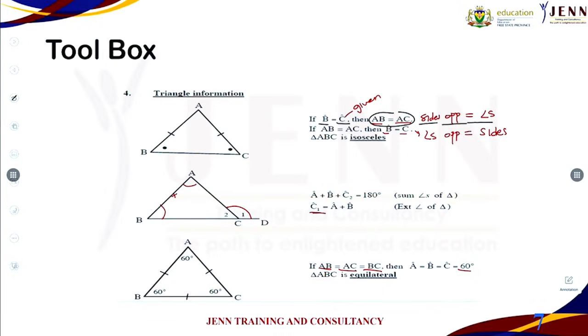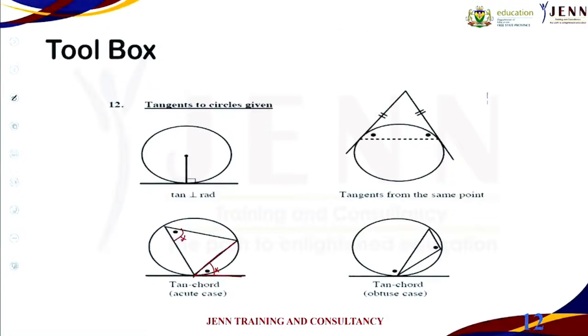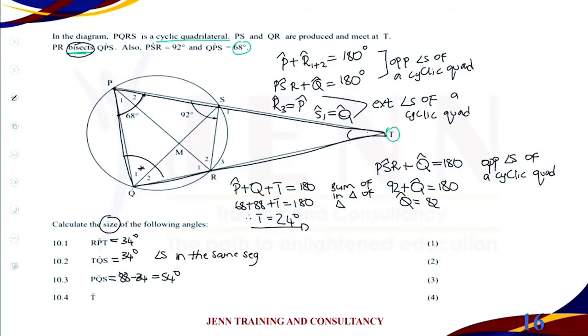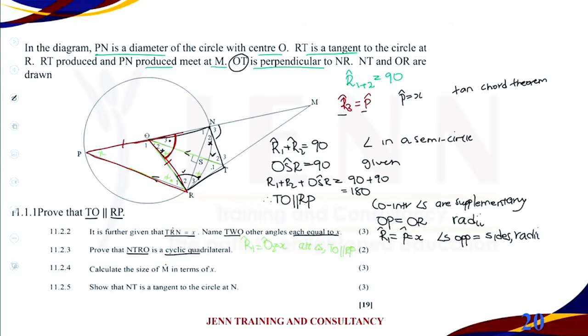That is why whenever you answer circle geometry, you must always remember your toolbox. That will be of much help to you. Yes, as I was saying, this is an exterior angle of a triangle. So O2 plus 3 will be equal to angle P plus angle R1.